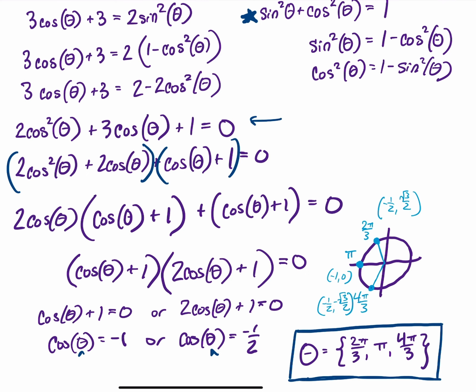I could have said let u equal cosine, and we would get something like 2u squared plus 3u plus 1 equals 0. Or you could use x or whatever variable you want to choose. And if you prefer that, then solve that like a quadratic, and then undo the substitution at the end. Sometimes that can be helpful, especially as we're getting used to this process.